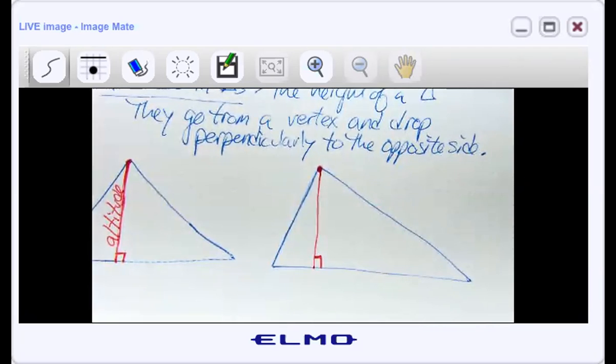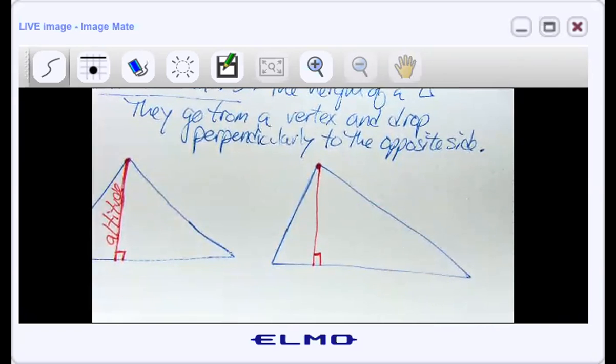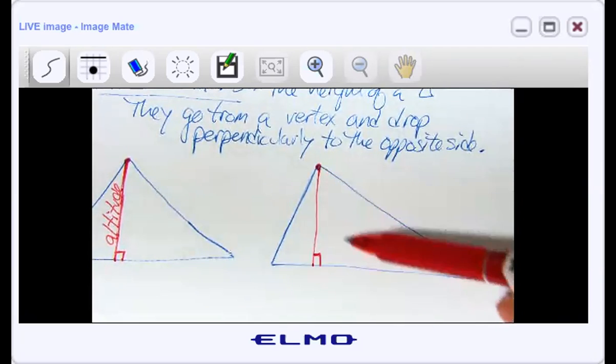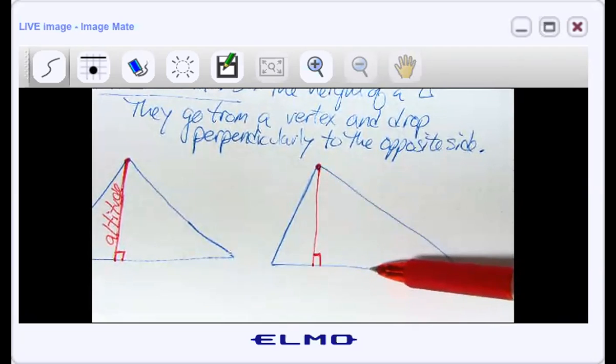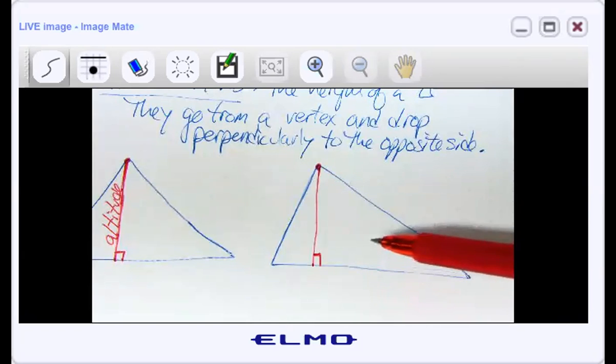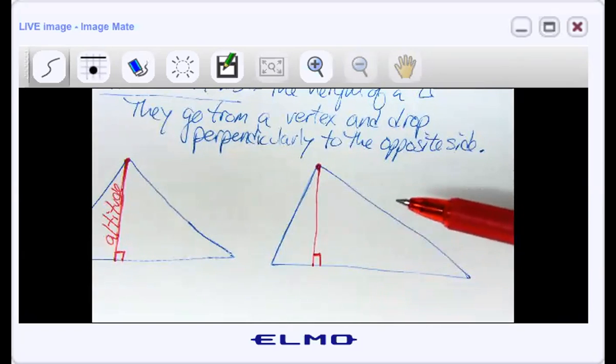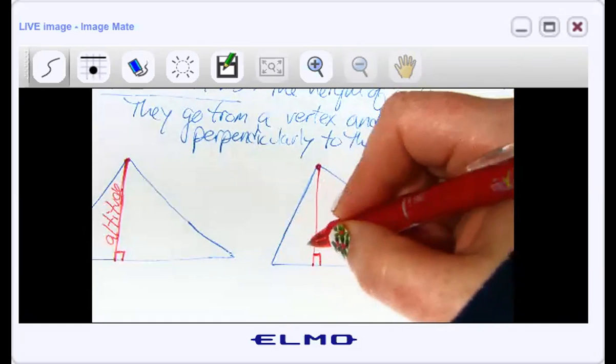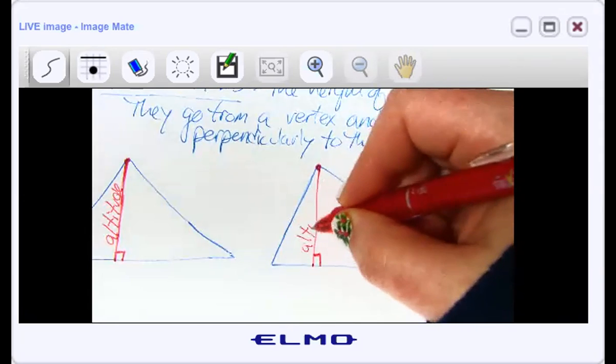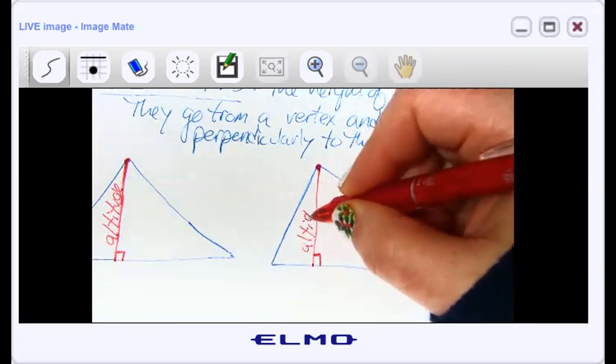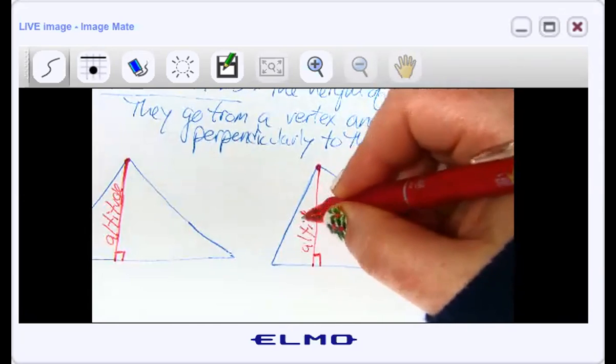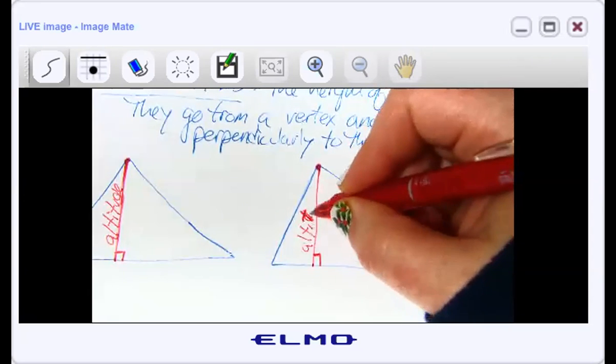So you can see that this is very different from a median. The median would start at the same point, but the median would go to somewhere about here because it's got to go to the midpoint of that other side. And the altitude doesn't care where it lands. It just has to be perpendicular. All right, so here is another altitude. Oops, I spelled altitude wrong. Altitude. Here we go.